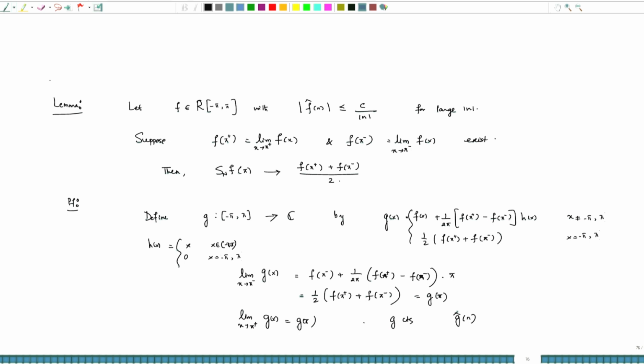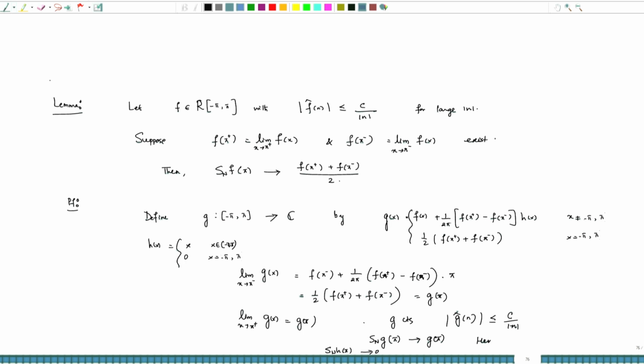If you look at g hat of n, which is f hat of n plus a multiple of h hat of n, it has a decay of some constant by n. So, easily this is less than or equal to some constant by mod n, because f hat of n is given with that decay, and therefore S n g of pi goes to g of pi. Now we know that S n of h at pi goes to 0, that is what we have seen.